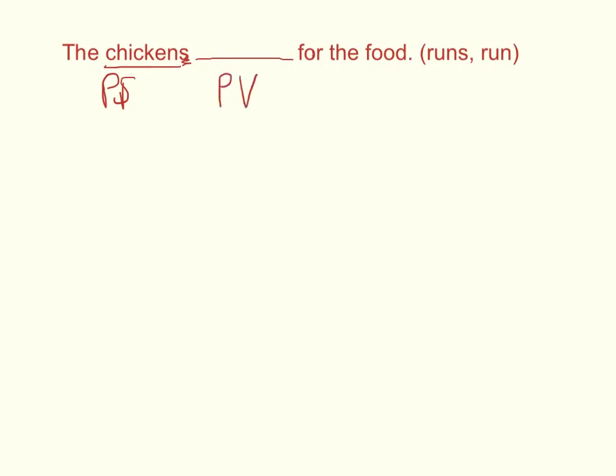Correct, that takes a plural verb because that's our subject-verb agreement. Plural subject takes a plural verb. And in this case, the plural verb is run, because remember what we said, plural verbs do not end in S. So how does that sentence sound when we've plugged in our plural verb? The chickens run for the food. Awesome, we did a great job there.